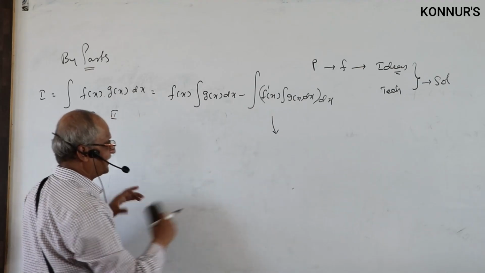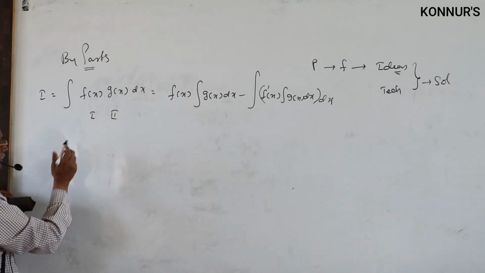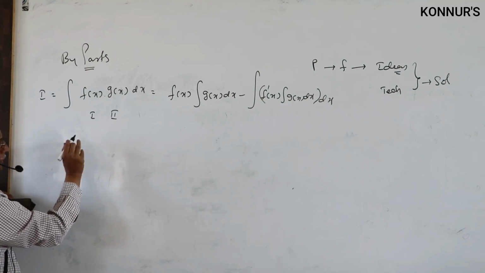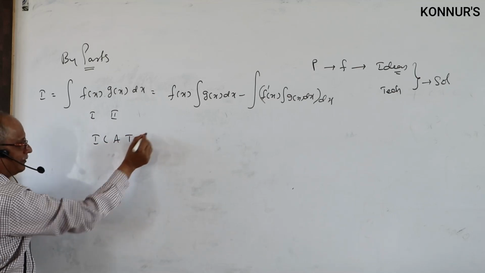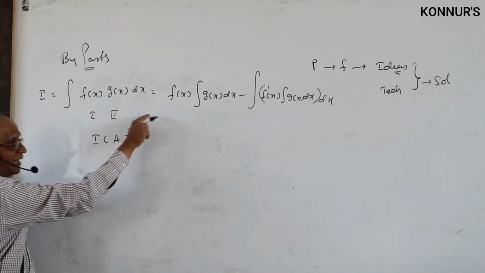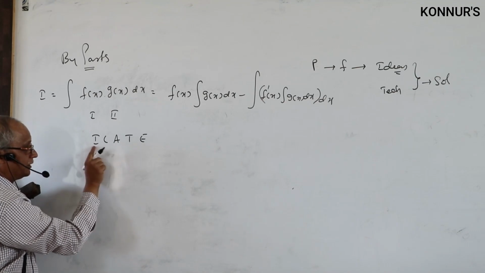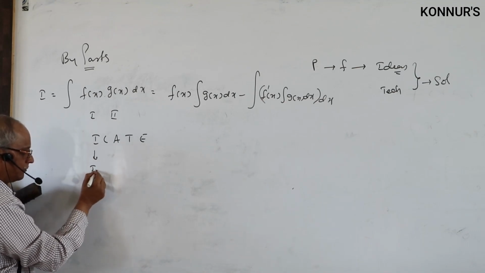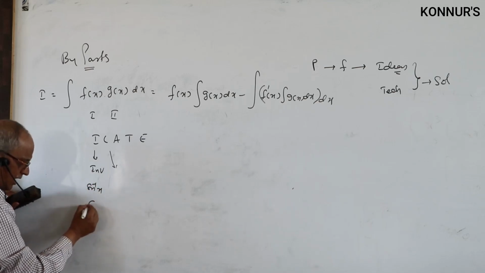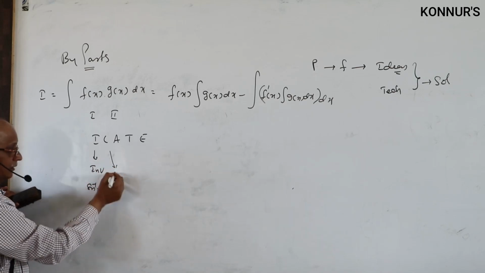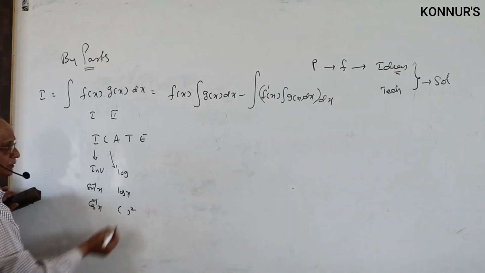That is the first property. Then, when applying this rule, while selecting the first function, one rule is there, which we know from earlier: ILATE. While applying by parts, select the first function according to the rule ILATE. I is inverse trigonometric functions, sin inverse, cos inverse, tan inverse, all 6. L is logarithmic functions, log x, whole square, whole cube, and so on.